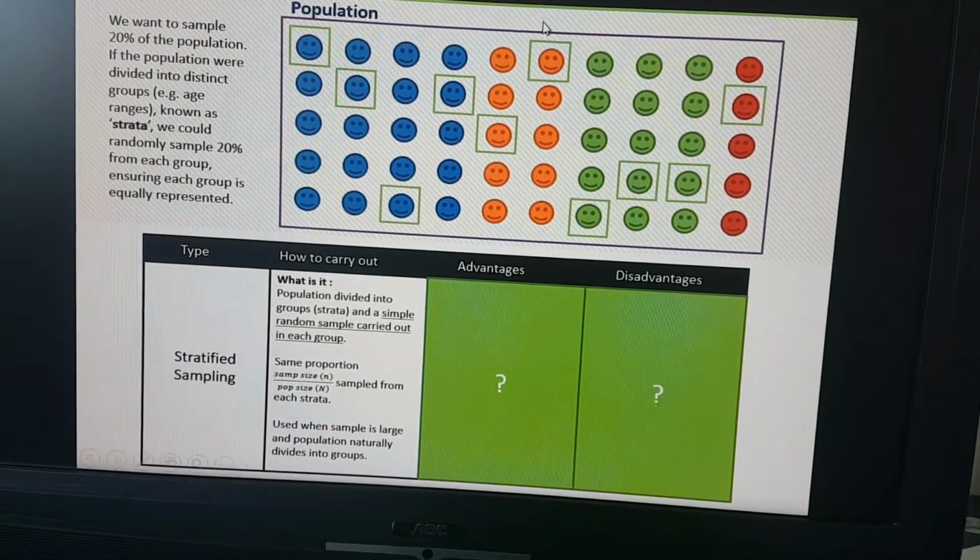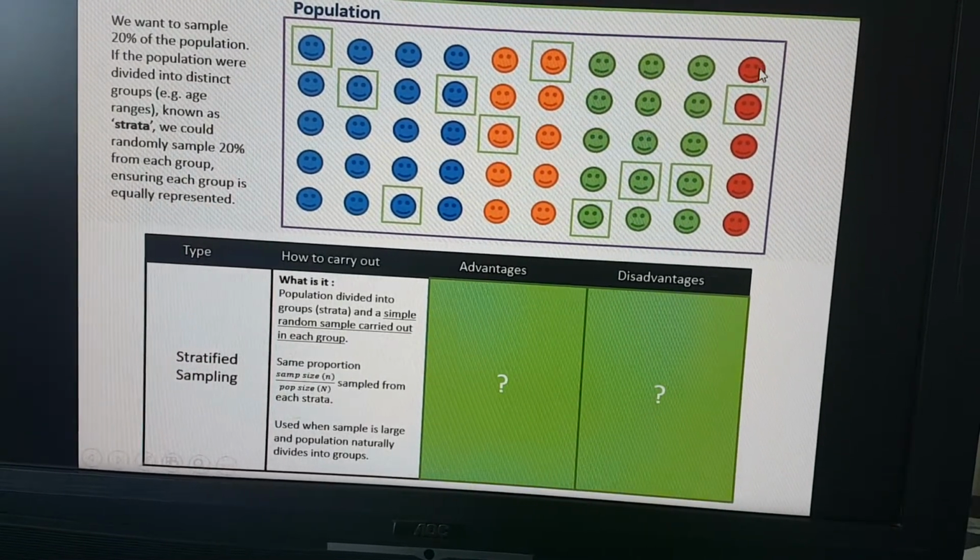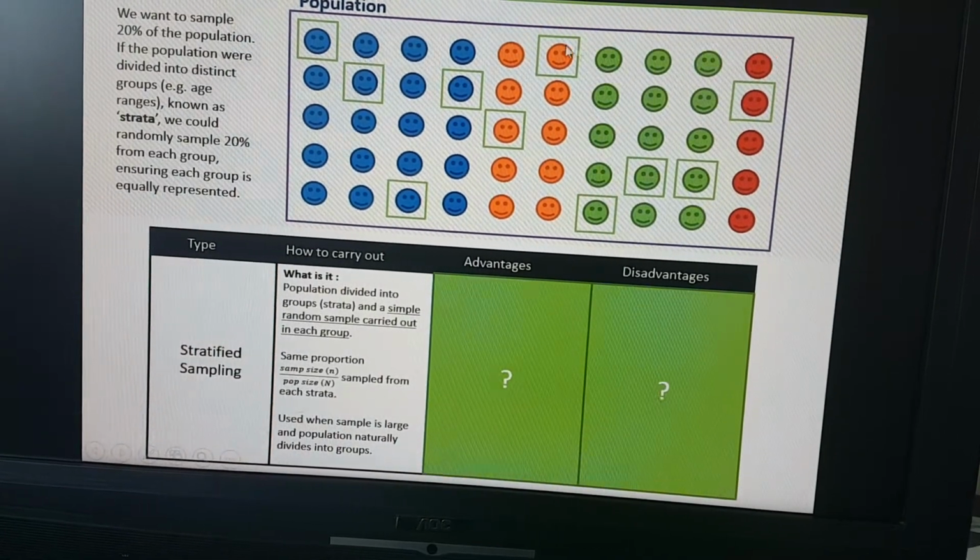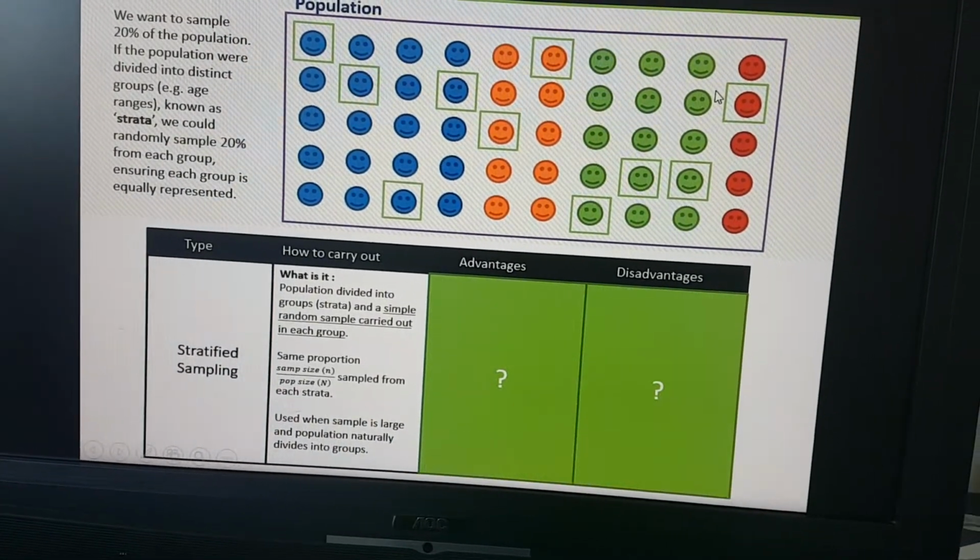We have 50. So if we think about this, we have 5 divided by 50, which is 1/10.